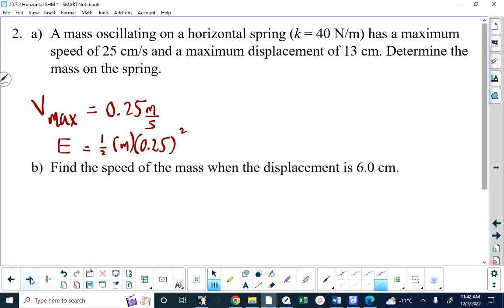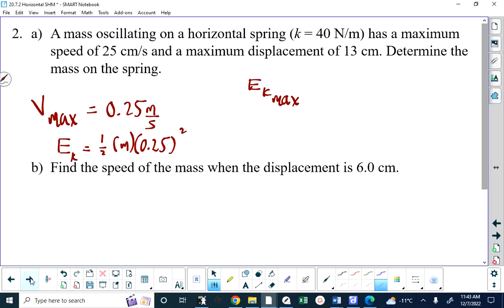In other words, why is EK max? Let's face it, if I use the maximum speed, I'll get the maximum kinetic energy. Why is this the total mechanical energy in the system? Is it because it's at the equilibrium point? Right, because that's at the equilibrium point, which means there's no potential energy. If it's moving as fast as possible, that means it's in the middle, where x is 0 and there's no spring potential energy.